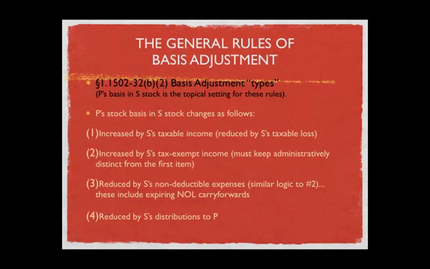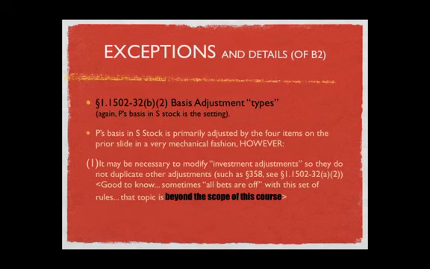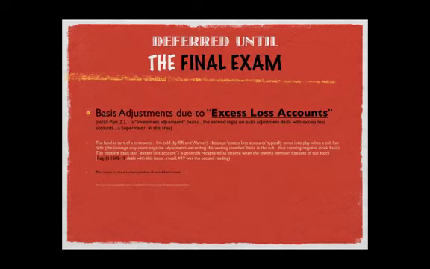Like why you'll change basis. Most people don't seem to have a problem with the rules. Here's an issue that maybe to ease your mind about the test, we're going to put in the beyond the scope of this class. Any exceptions and details beyond basics, they're beyond the scope of what we're doing. All right, so all that discussion, don't worry about it.